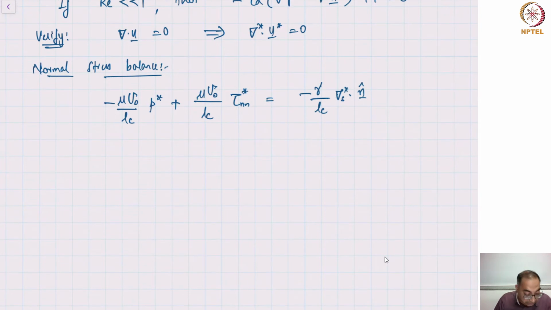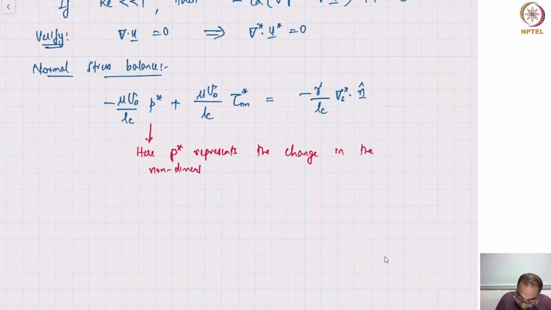Now it's important to note here that I've made some small simplification here. The pressure P star represents the change in the non-dimensional pressure relative to atmospheric pressure.